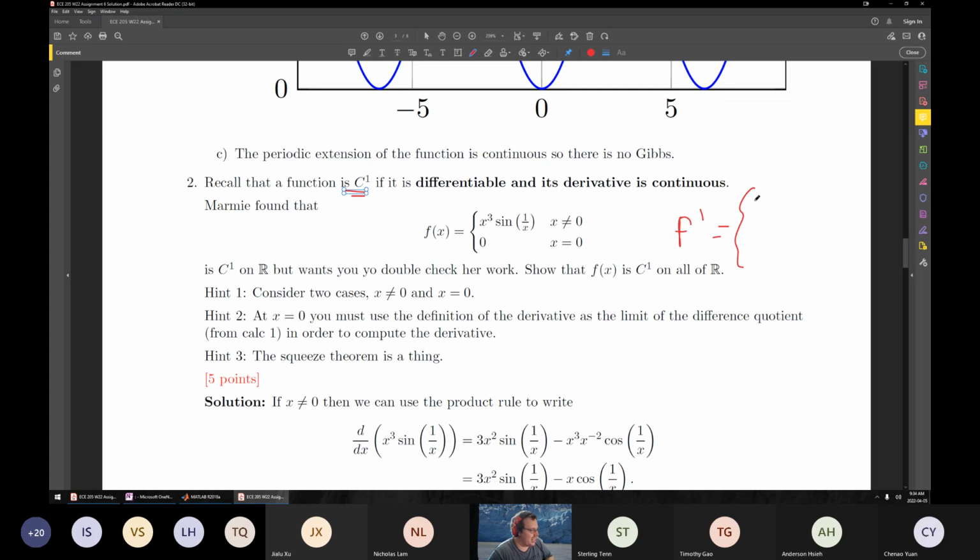So I take my x squared times 3 sine of 1 over x, and add to that x cubed times the derivative of sine, cosine of 1 over x. The derivative of 1 over x is x to the negative 2, so I get x to the 1 with a negative here. It's a bit messy, but that's what I get.